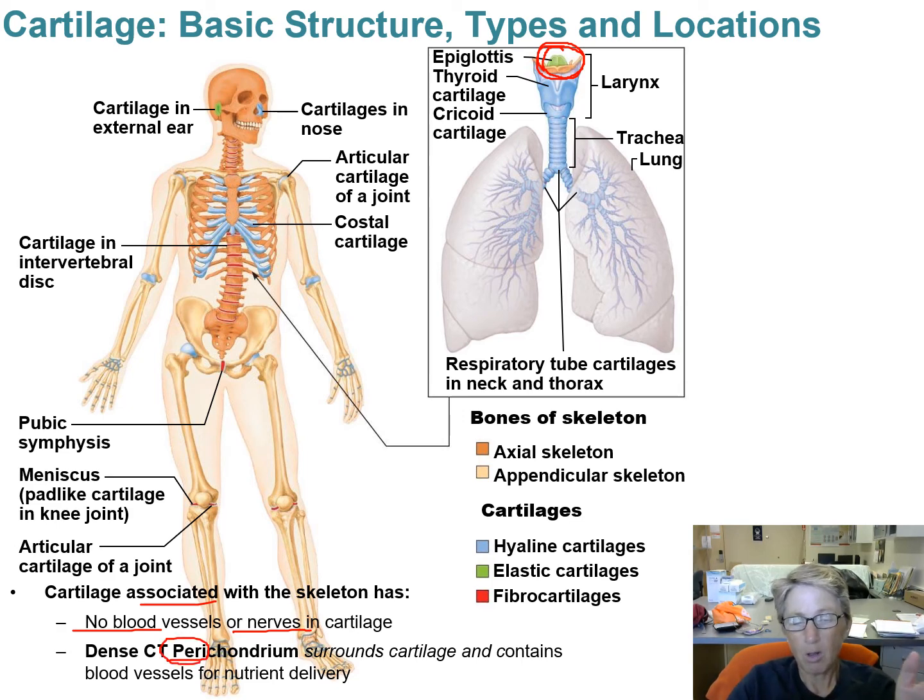So the perichondrium surrounds the actual cartilage, and the perichondrium actually has blood vessels so that it can deliver nutrients like glucose to the cells that live in the cartilage. And that perichondrium that surrounds the cartilage is a dense connective tissue.